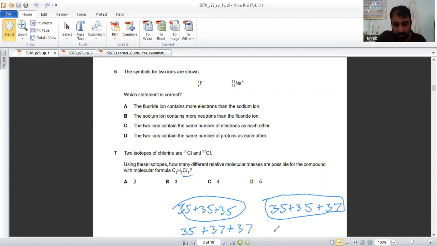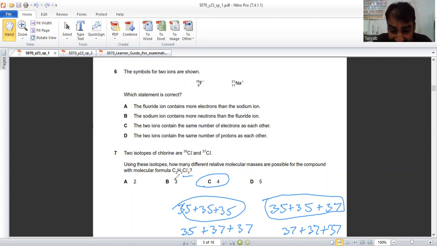The last example is all are 37, 37 and 37. So three chlorines, three possibilities, arrangements, possibilities of atoms. So the combination will be 4. The answer is 4. From this, what we have concluded, these all 4 have different molecular masses.